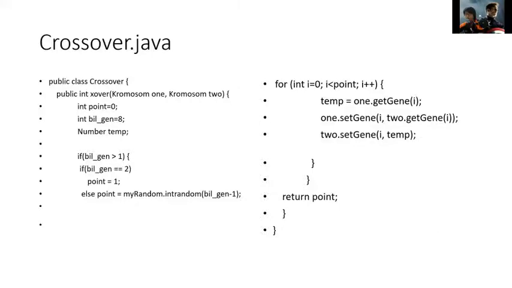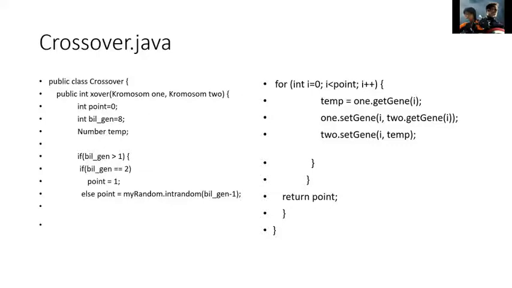So we can jump straight into the if-else statement. If, let's say, the bilangan generation is equal to 2, the point will be strictly equal to 1, meaning we cross at the first gene on chromosomes 1 and 2. But for this one, we have a bilangan generation of 8, so we go to else. Else, point equals my random dot random build gene minus 1.